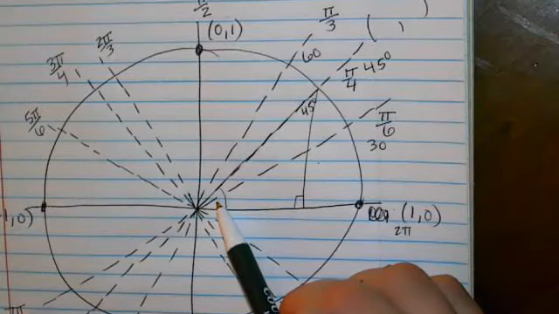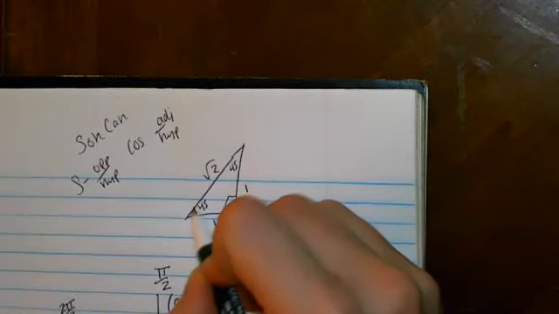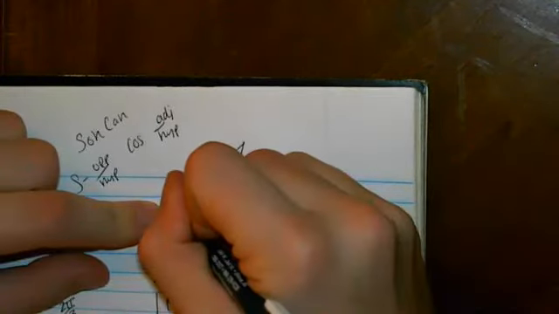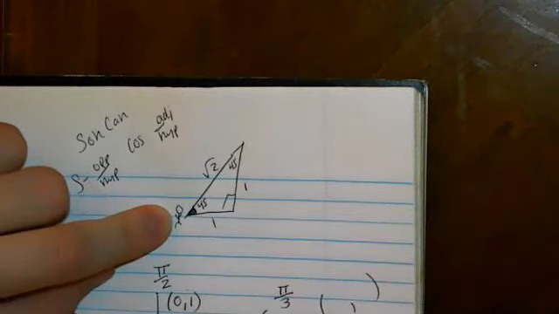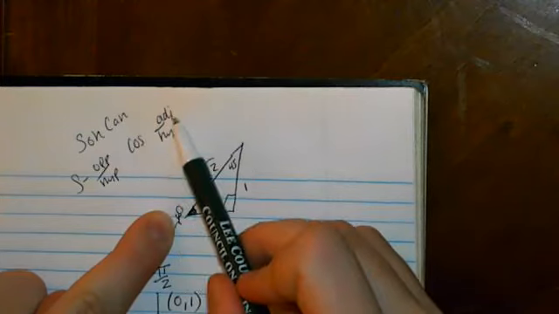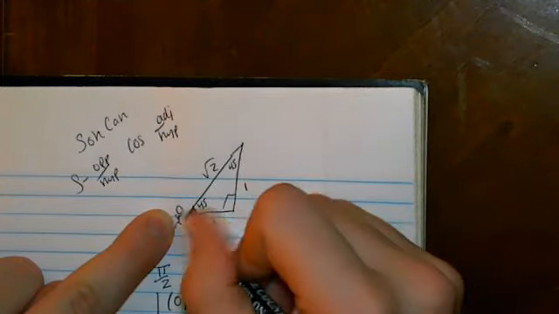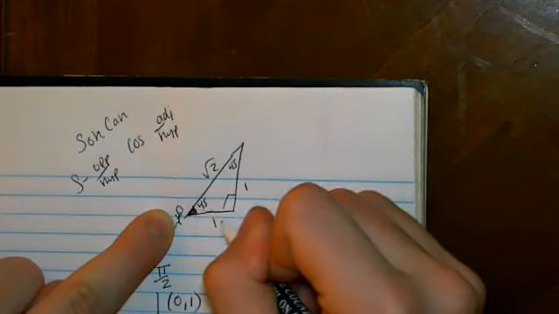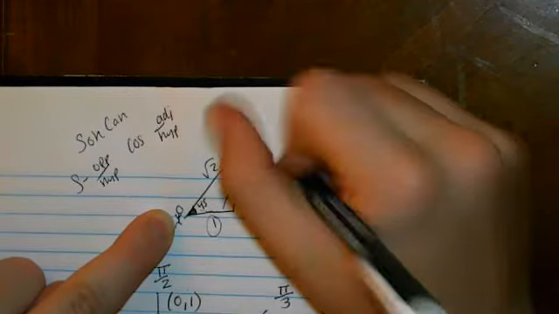Our theta is right down here in the corner, and that's where we're going off of. The way I like to say it is you're like a little person standing in this corner, and for cosine you ask, what's adjacent to me? That's the thing you could walk across to. So that's going to be 1.